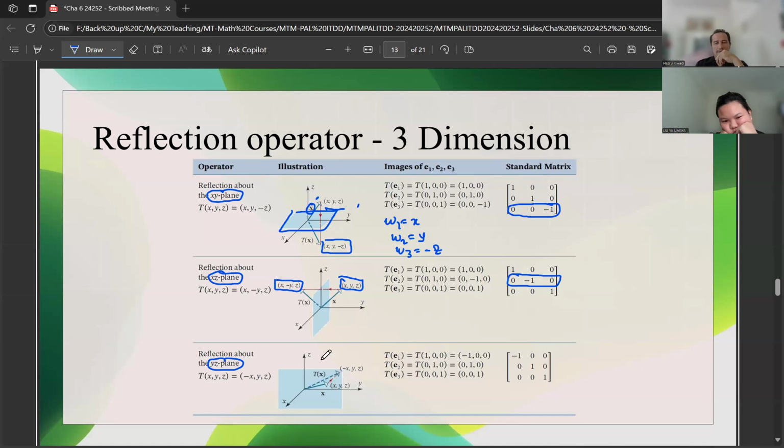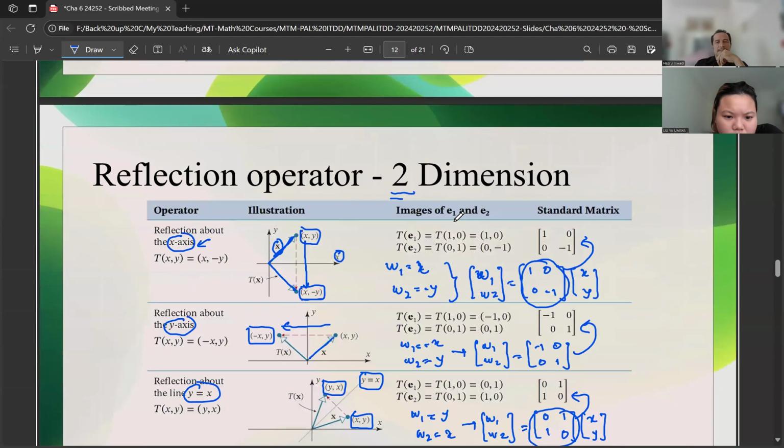If we reflect to the yz plane, from the front to the back, the first row will contain a negative. Okay, so this is the reflection of vectors in three dimensions.